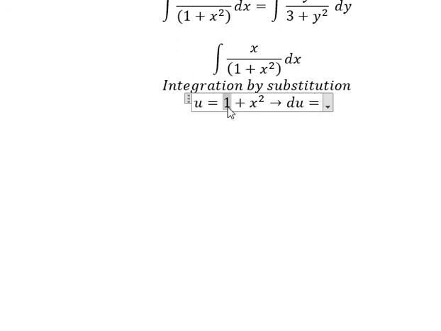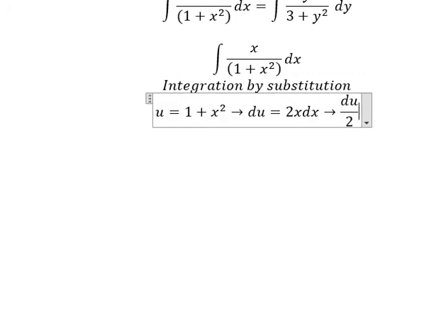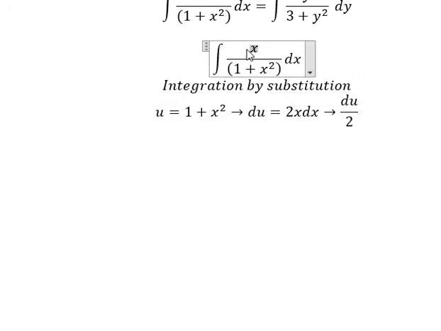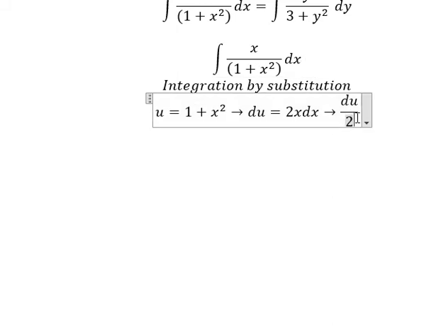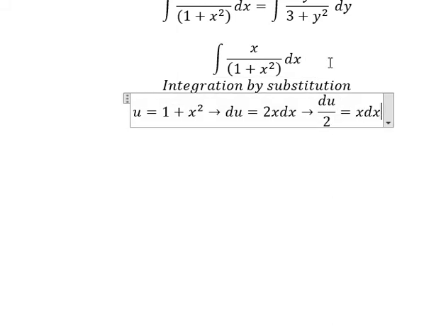This one is the constant, and the derivative of a constant is 0. Then we divide both sides by 2 because we don't have 2 next to s here. So we have s ds.